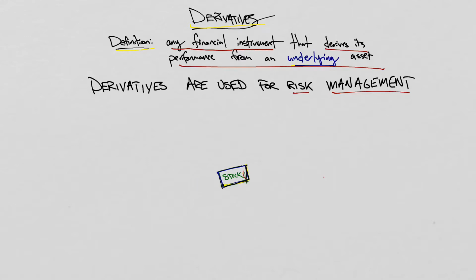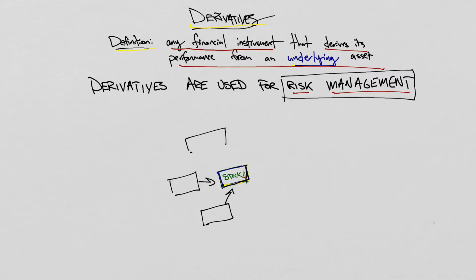And while some of these derivatives are quite complex, the concept really is that simple. That's the concept behind risk management. You find something that cancels out or reduces or offsets the losses of the thing that you're concerned about.